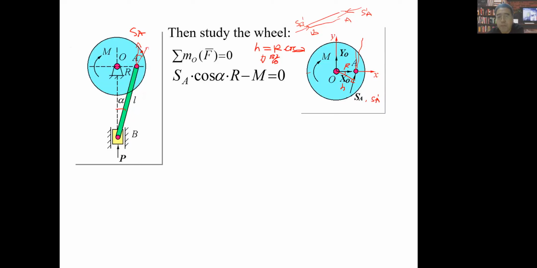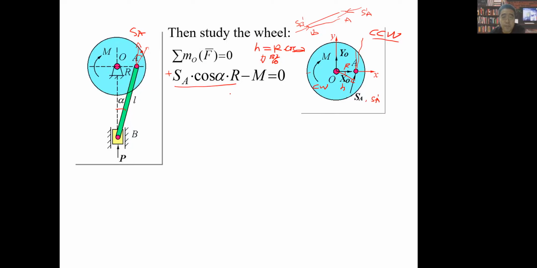We call that dB. So this moment should be SA times R times cosine alpha, and its direction will be CCW, counterclockwise, so this part will be positive. And we try to figure out the value of M, but it's along the CW direction, clockwise, so it will have a minus sign. So that's the whole sigma MO(F) equals 0.